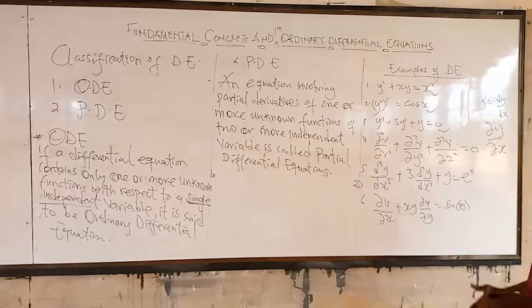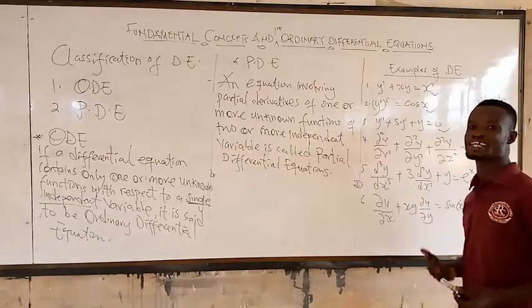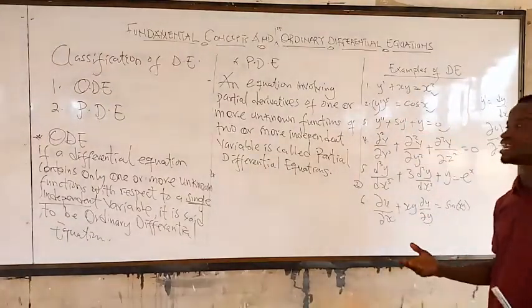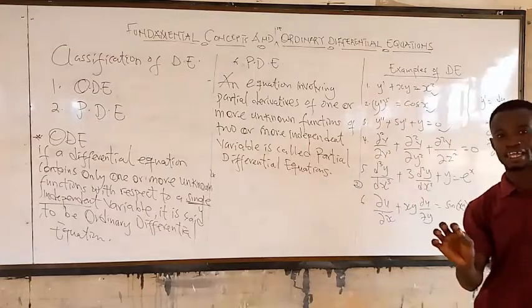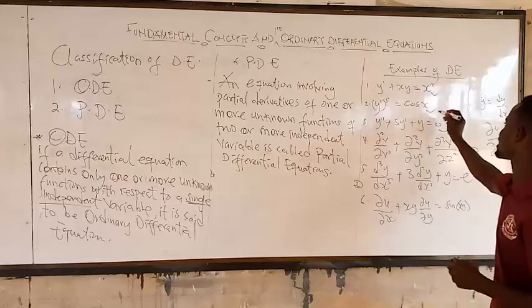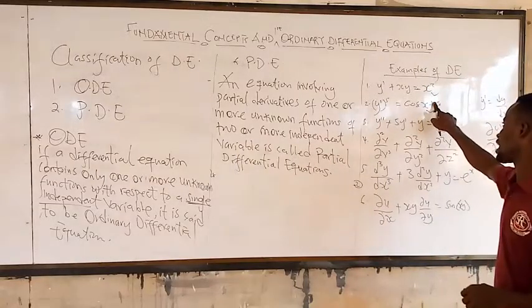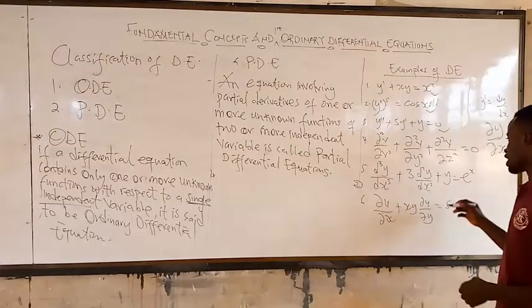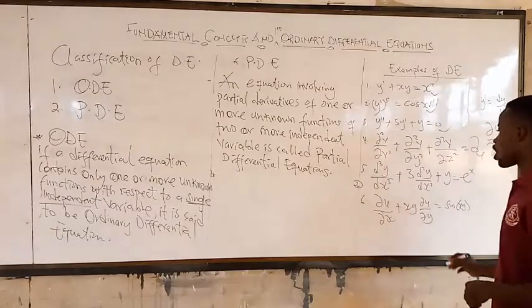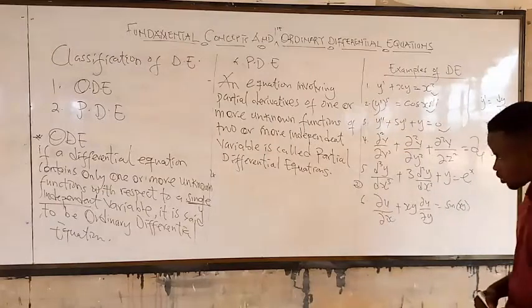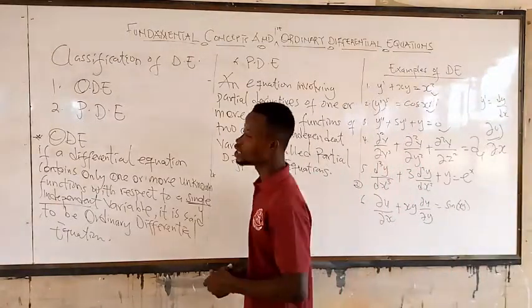Secondly, it involves only one independent variable. We have the dependent variable y and the independent variable x. There is no case where you can say, let's say, plus u or something like that. So the first three are ordinary differential equations, and from 4 to 6 are partial differential equations. Alright, so that is PDE.